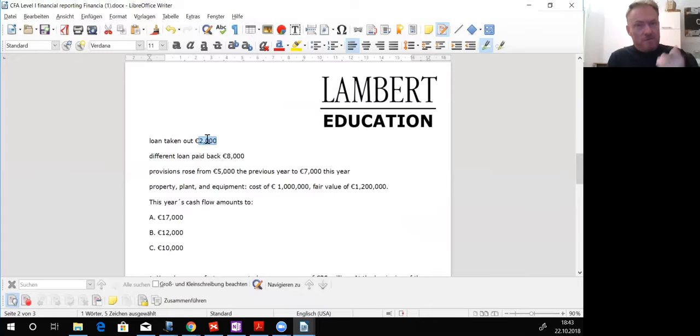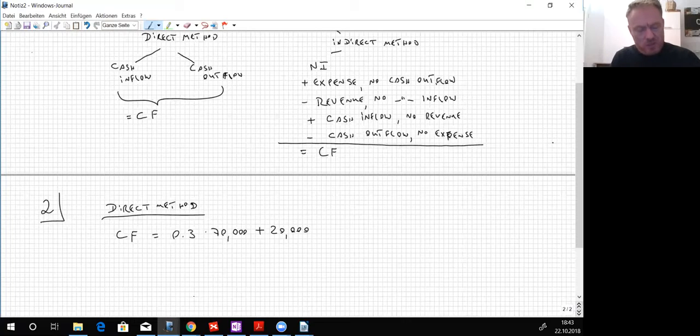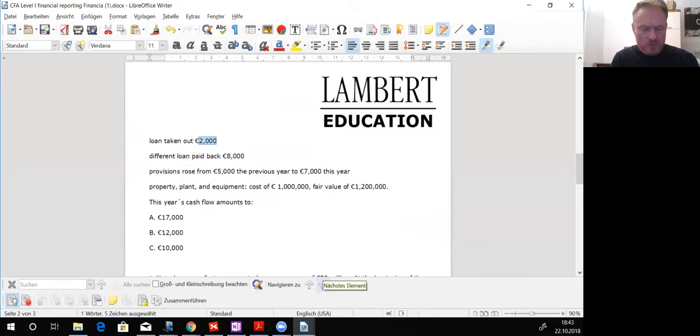So it's a cash inflow. It leads to cash inflow of 20,000, so there's a plus sign. Minus the cash outflow of, what did we have so far? There's a different loan paid back, 8,000, that's of course a cash outflow. Provisions is not at all a cash flow.